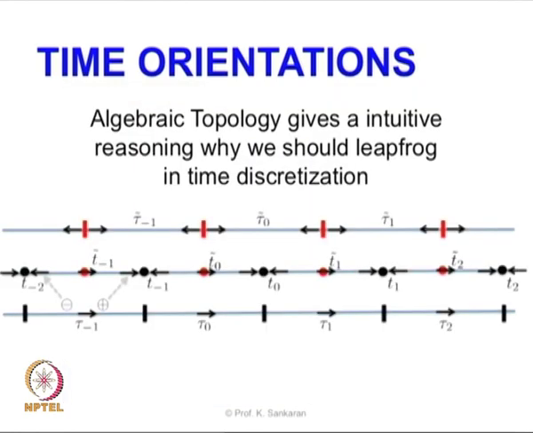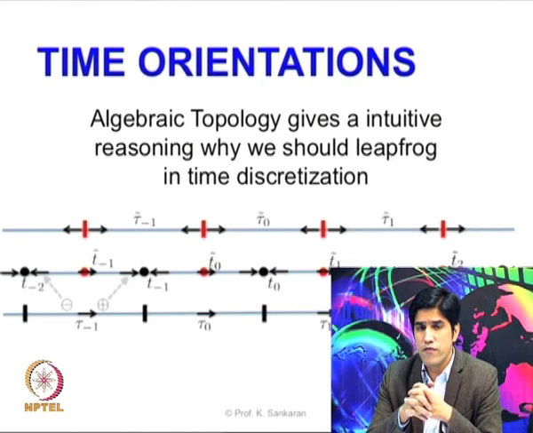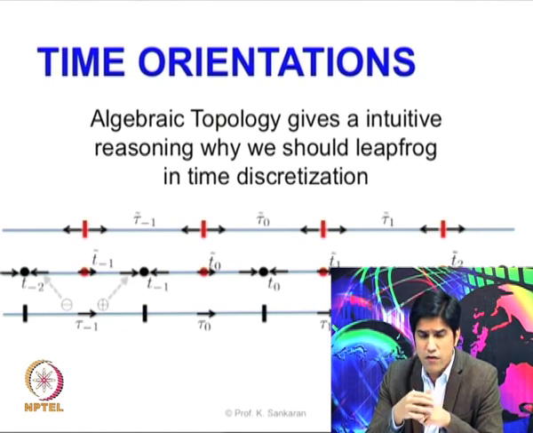Now we will see one of the main reasons why we are doing leapfrogging. You remember in the case of finite difference time domain, we did leapfrogging in time. We never asked the question, why are we doing leapfrogging? The leapfrogging is basically having two sets of time instances and time durations, called inner and outer orientation.